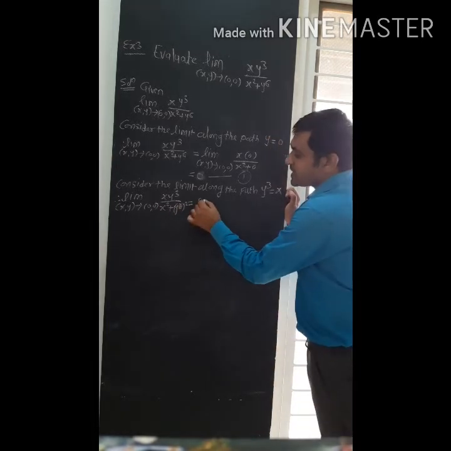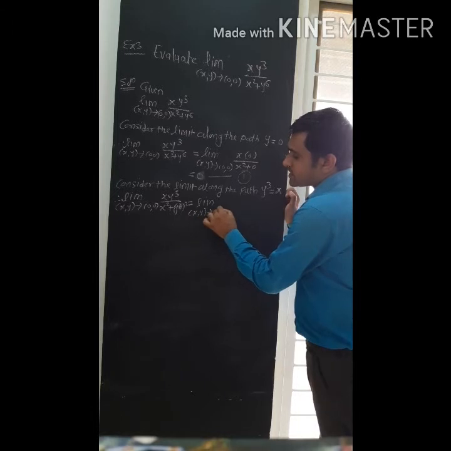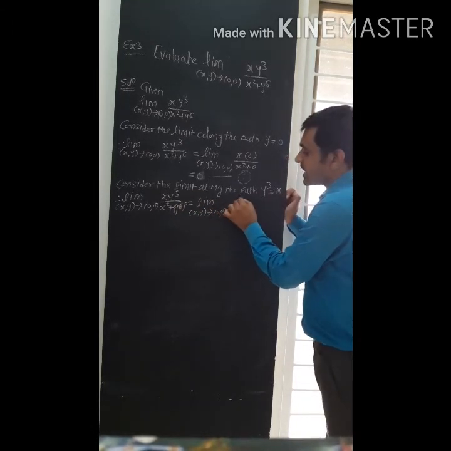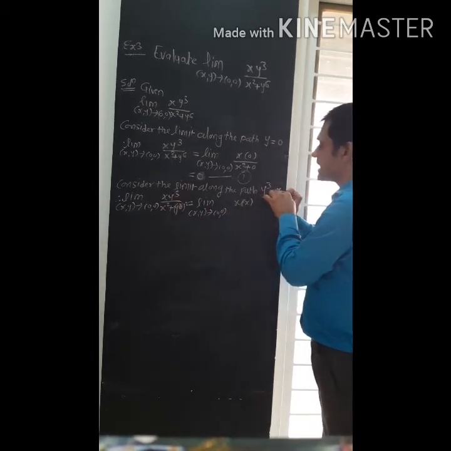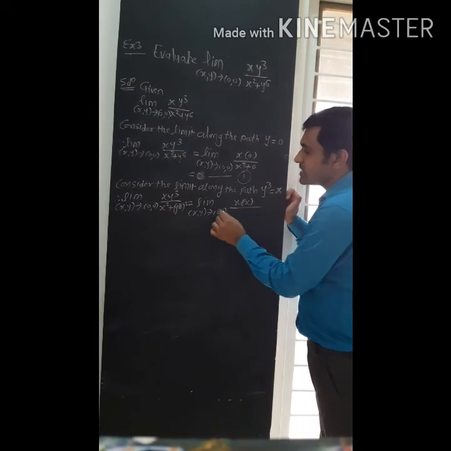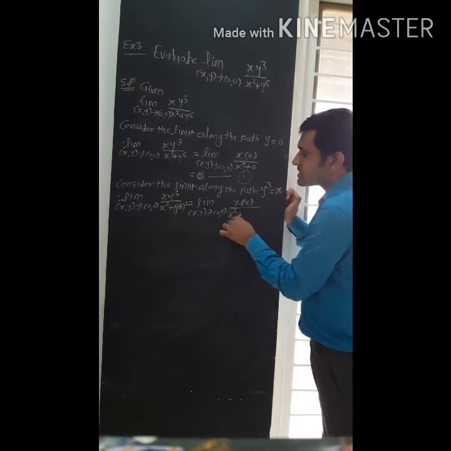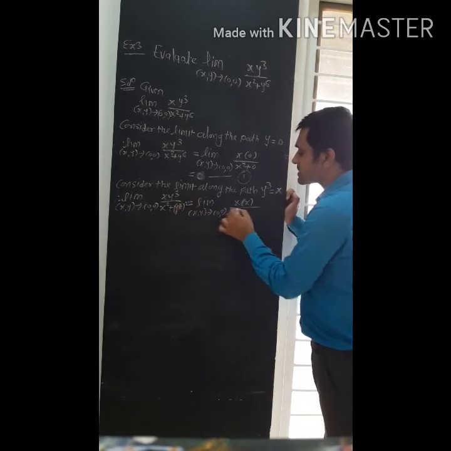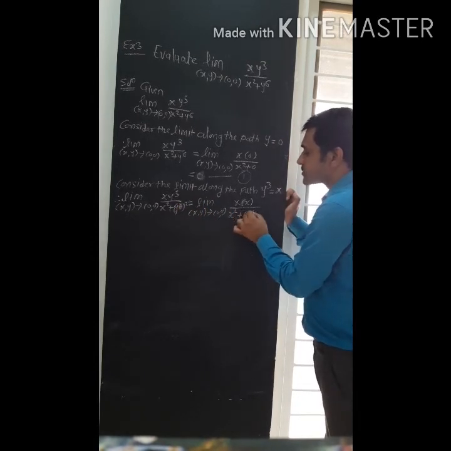Just put y cube is equal to x. So the numerator becomes x into y, replace the value of y cube by x, so x into x. In the denominator, x square plus (y cube) square, replace y cube by x, so it is again x square.